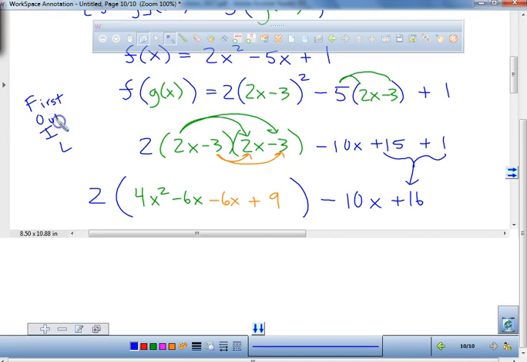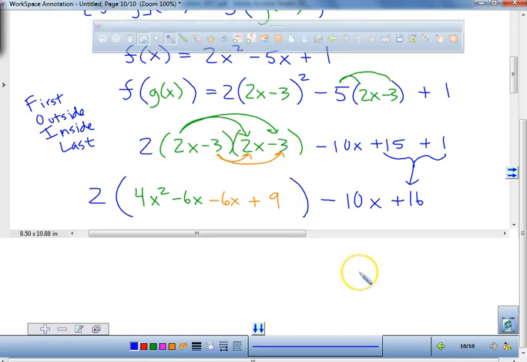Once I start explaining, I can't stop. Then it's the outside numbers, the 2x and negative 3. Then it's the inside numbers. The negative 3 times the 2x gets you that negative 6x. And then finally the last numbers, negative 3 times negative 3 is positive 9.